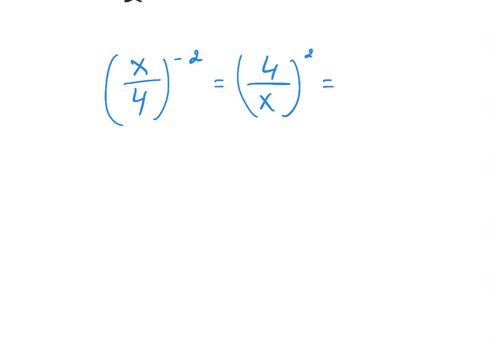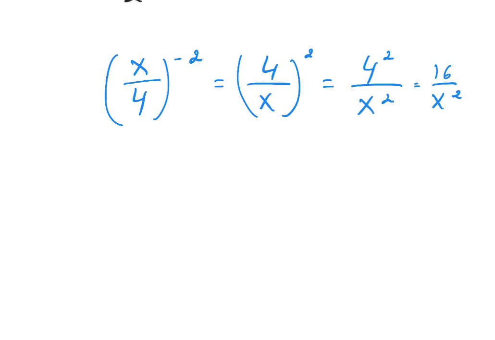And in this case, we distribute the 2 to 4 and x. It's going to be 4 squared over x squared, and the answer will be 16 over x squared.